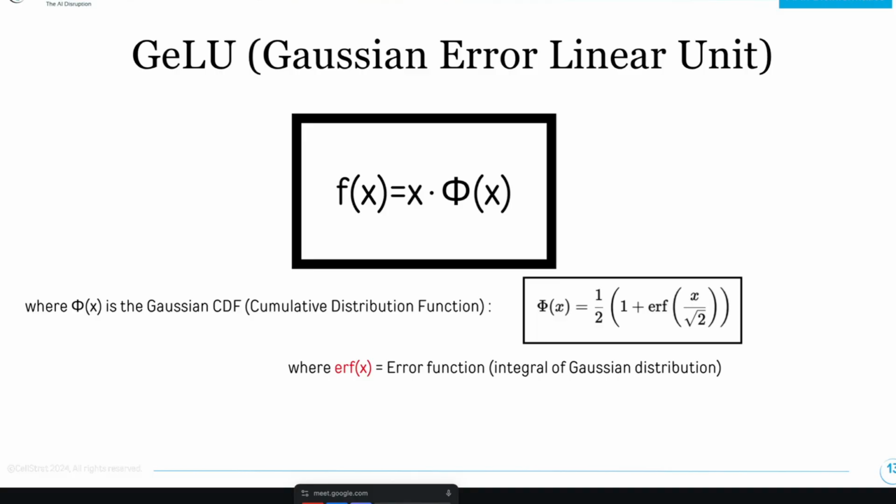So what GLU does is it avoids the sharp cutoff, like I previously mentioned, that ReLU overlooked, and it led to a better gradient flow. The problem of dying gradient is actually tackled by the GLU function.